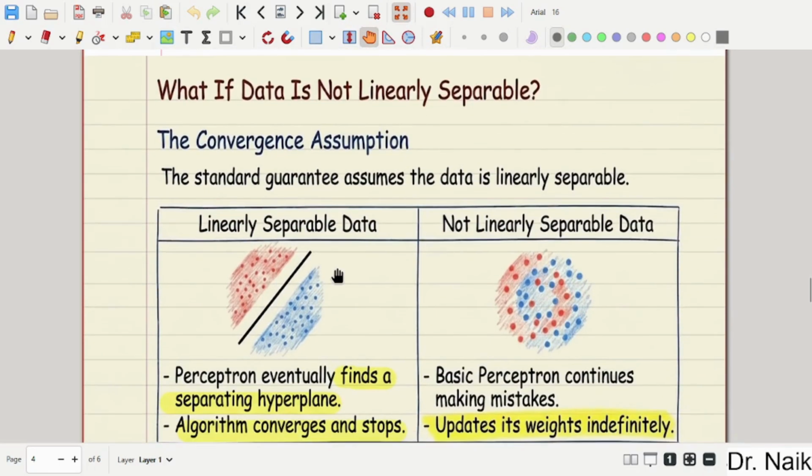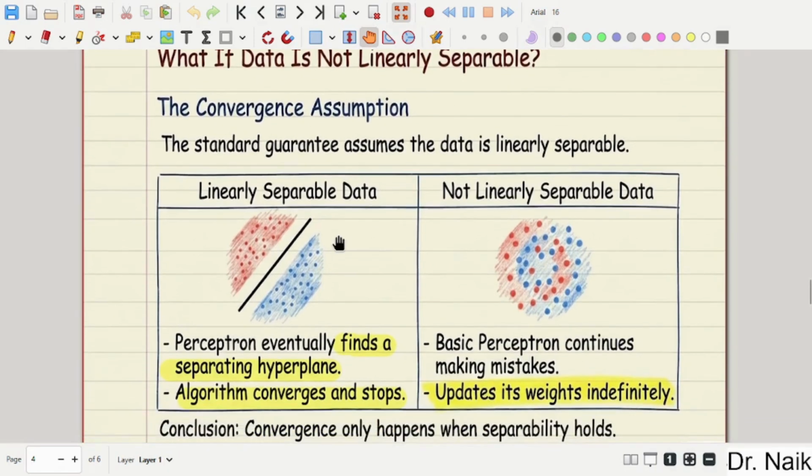What if the data is not linearly separable? The standard guarantee assumes the data is linearly separable, but here is the difference between linearly separable and non-linearly separable data.